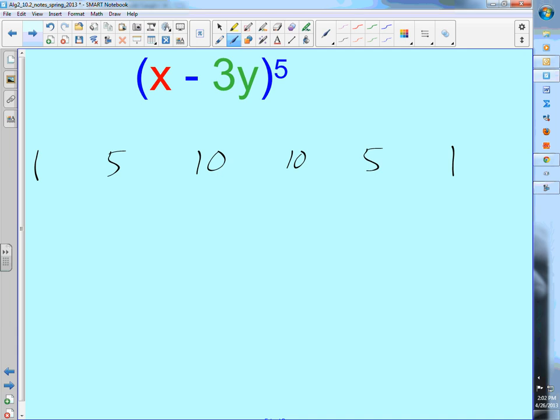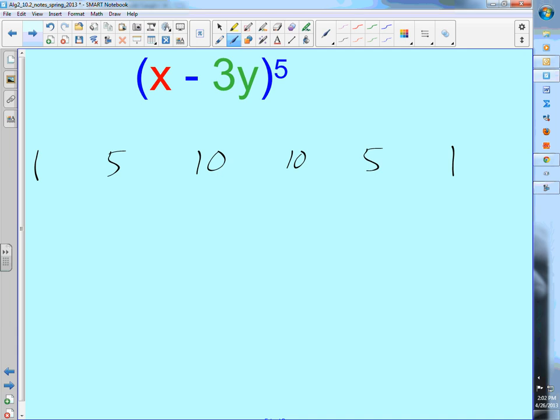Now, this is where I know I'm going to say this, and it's going to be said correctly, but honestly, a lot of people will mess this up. If you have a minus in the binomial, you are going to alternate your signs on the coefficients. It's going to be plus, minus, plus, minus.